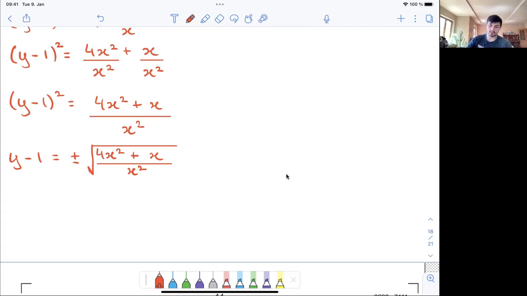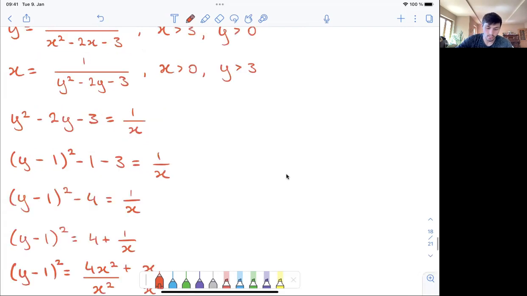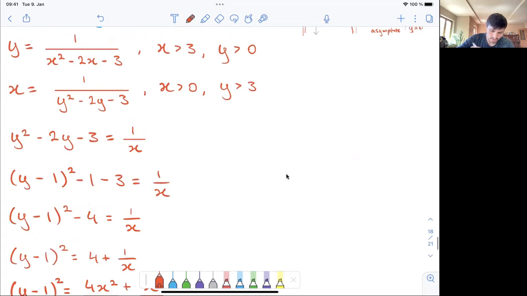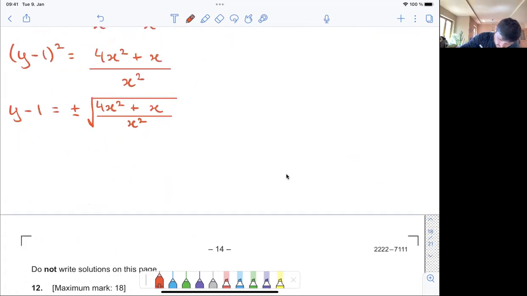The square root of the denominator, x squared, is just going to be x. All of my actions here are guided by the fact that I'm trying to work towards this expression here. I can see that this bit here is what I'm trying to get to.